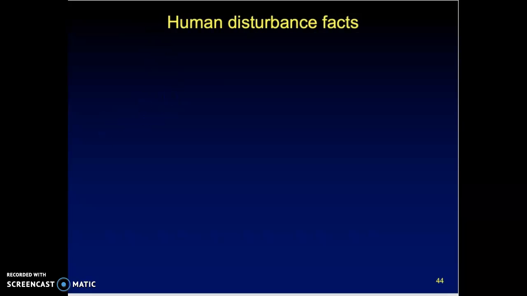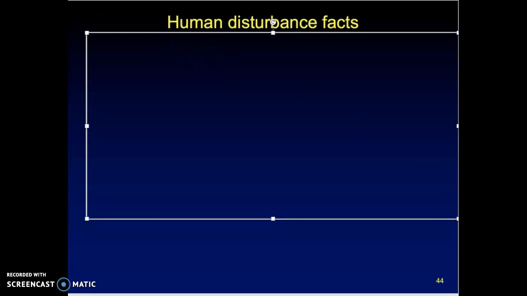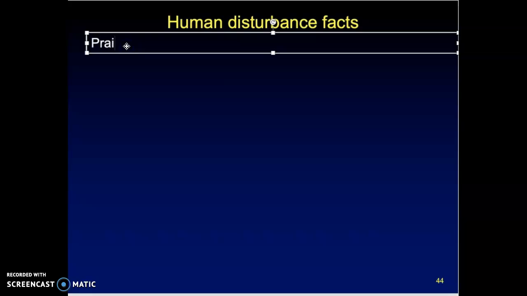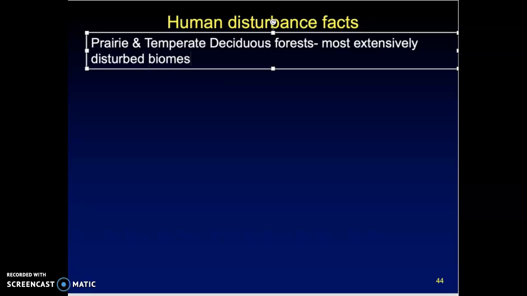Okay, so human disturbance facts. That's sad to call them that, but all right. What we're looking at is prairie and temperate deciduous forests have been the most extensively disturbed terrestrial biomes.